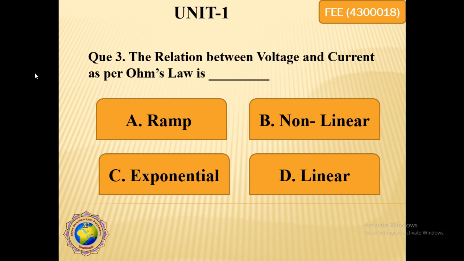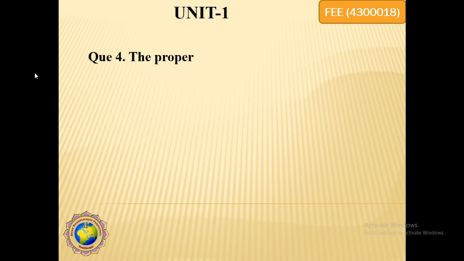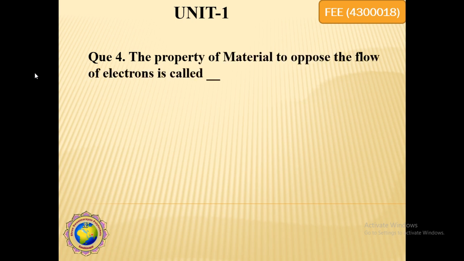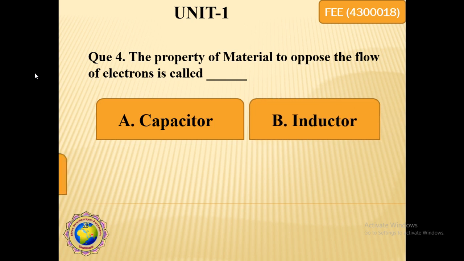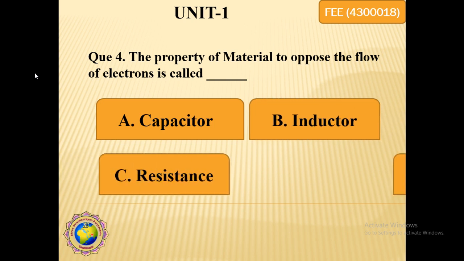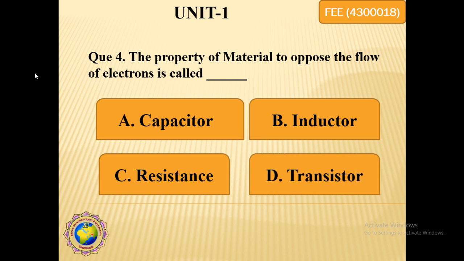Now we are moving on to question number 4. The property of a material to oppose the flow of electrons is called. A capacitor, B inductor, C resistance and D transistor.